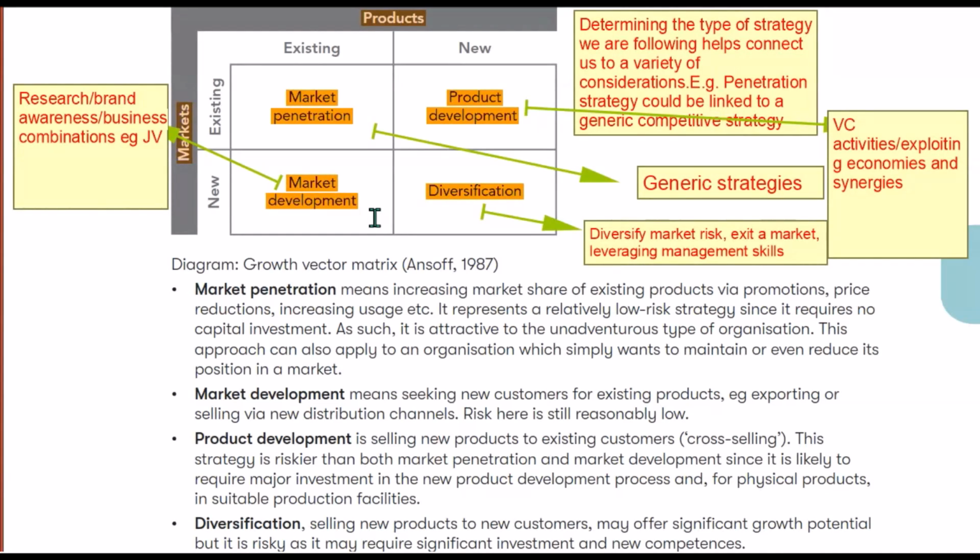Okay, they'll say, well, it's a new market, we don't know anything about it, we don't want to go there. So here we see an example of risk being connected to an Ansoff's matrix strategy option. All right.